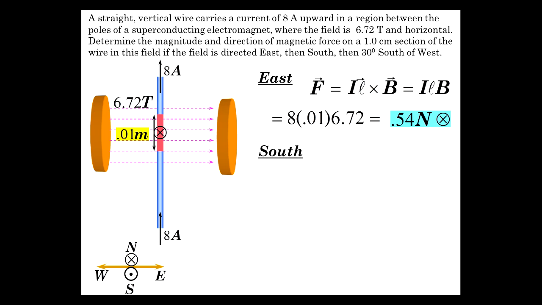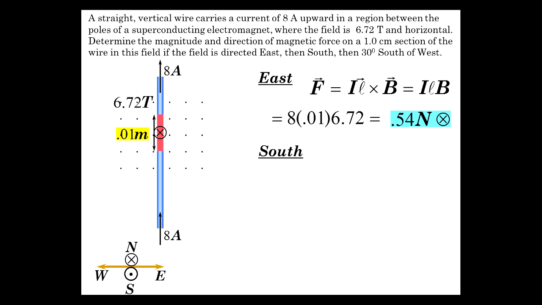Now, how about south? So we're going to direct the magnetic field south. It means it's coming out of the screen. All right, fingers in that direction with thumb in the direction of current. It's really quite simple how that comes out. Which way did your palm point? Hopefully east.